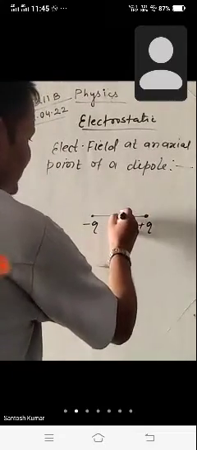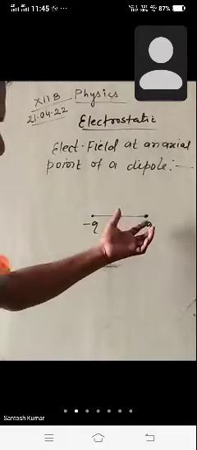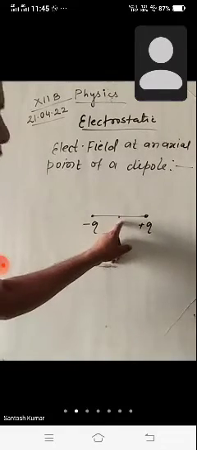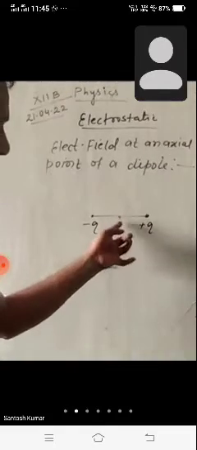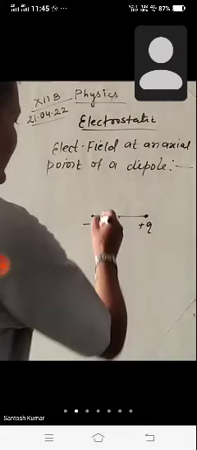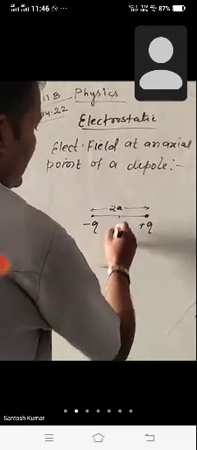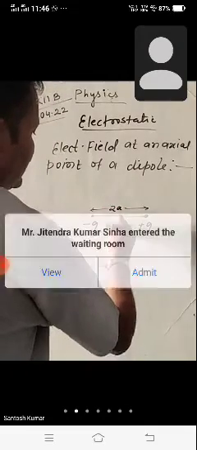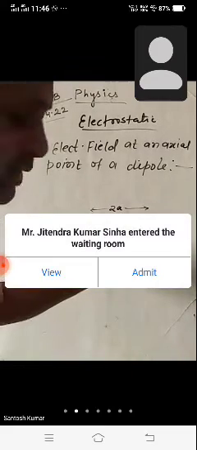This is the dipole and this is the center point, the midpoint of these two charges. This distance is a, this is a. So simply this is twice a, and this is the direction of the electric dipole moment, negative to positive.